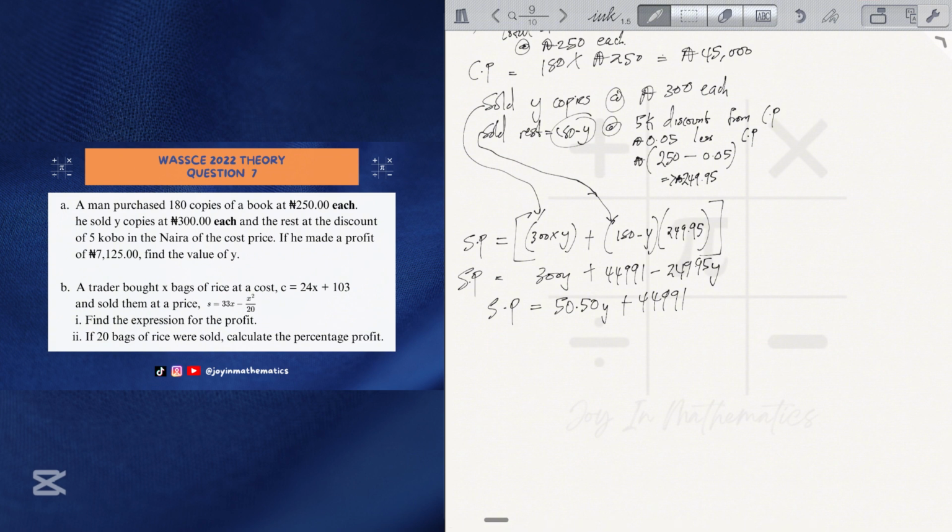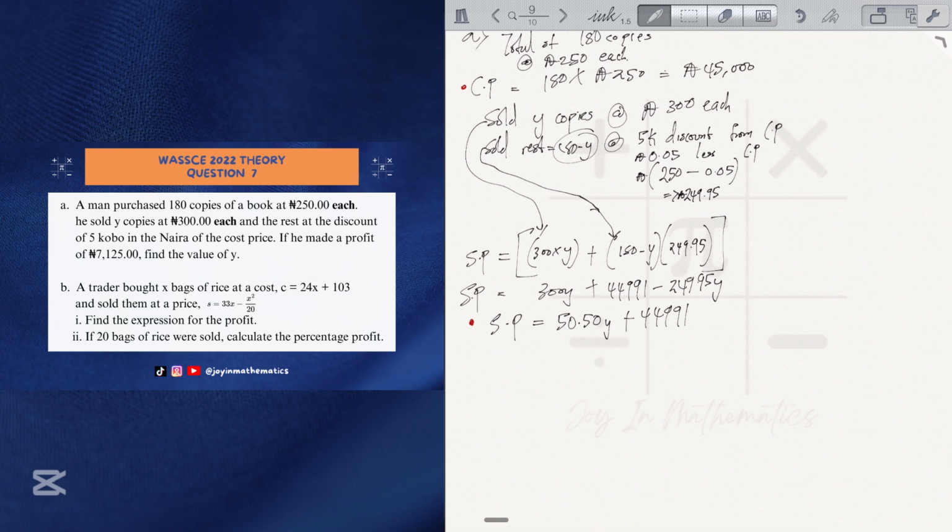So let's mark the important parts that we have established: selling price and cost price. Now, if we move further to the next line of the question, it says he made a profit of 7,125 naira.